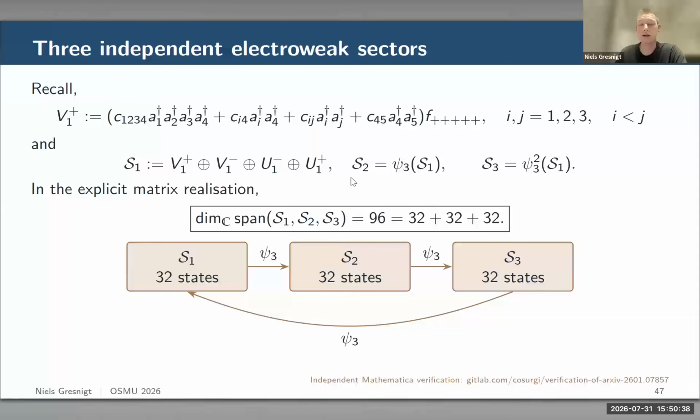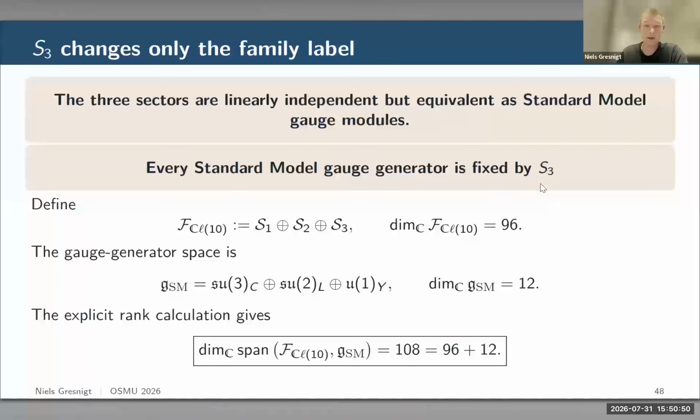And then if you check, you find that the three generations are completely linearly independent. So you get 96 states that are linearly independent. Whereas all the gauge symmetries, all the gauge generators for SU3, for SU2, and for the hypercharge, as well as for the electric charge, they're all fixed by this S3 symmetry.